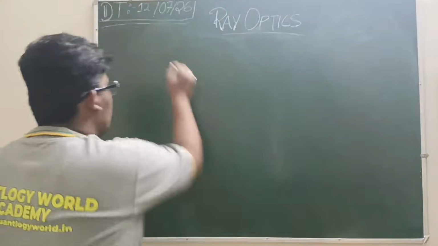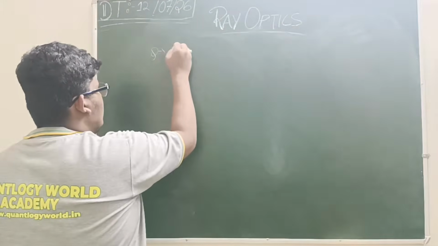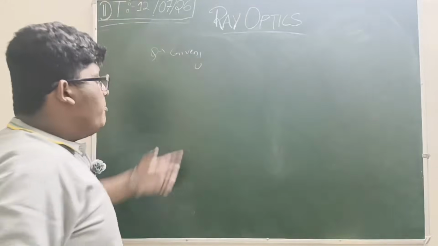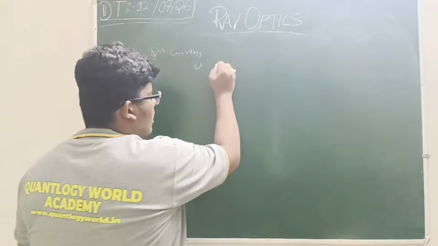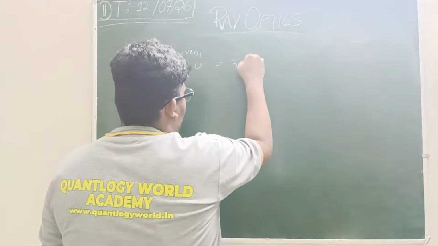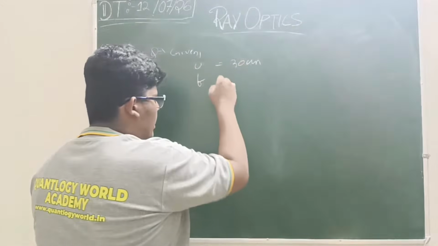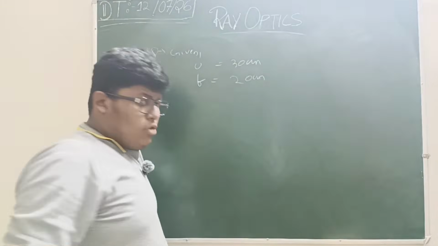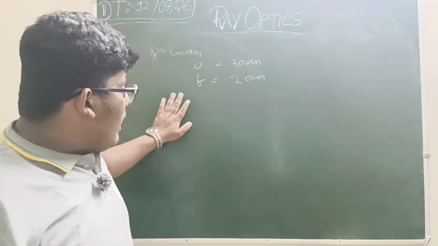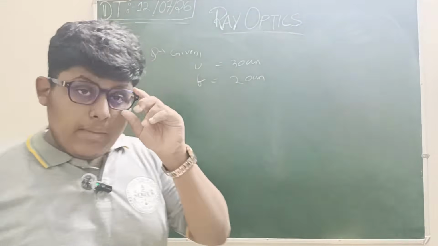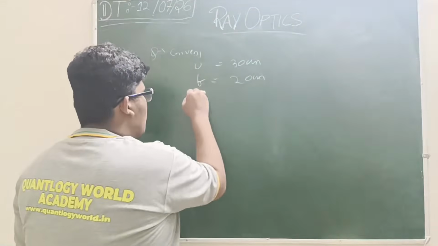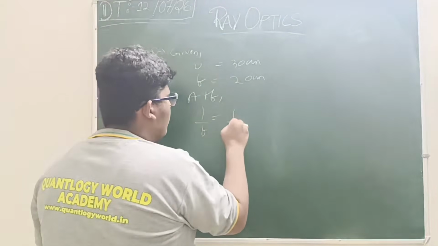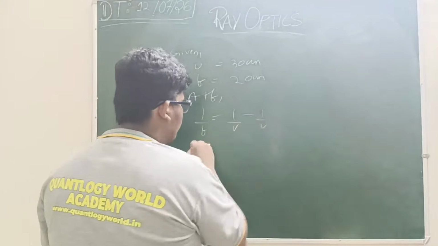First question, u is given, means object distance is 30 centimeter. Focal length f is 20 centimeter. By using lens formula, we have to find v, means image distance. According to formula, 1 by f equal to 1 by v minus 1 by u.